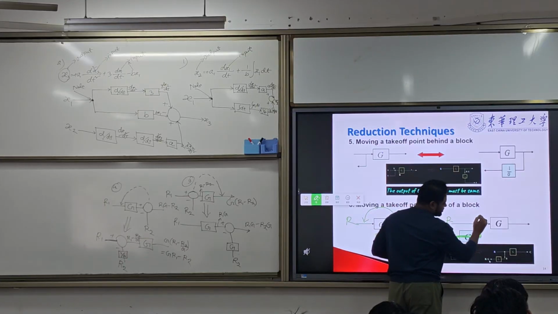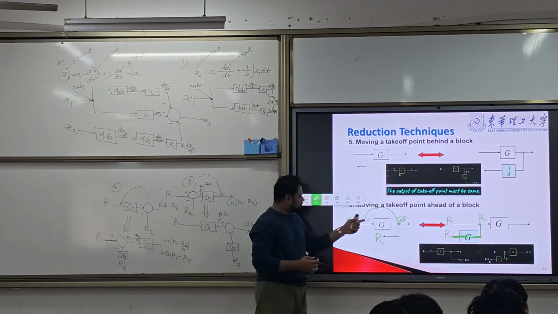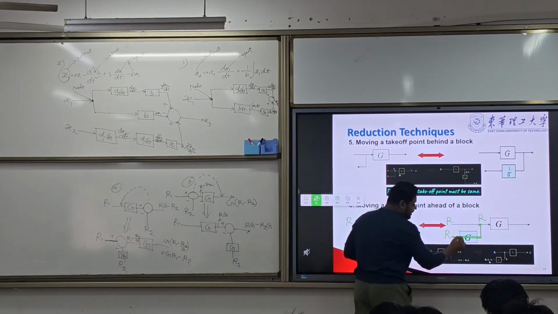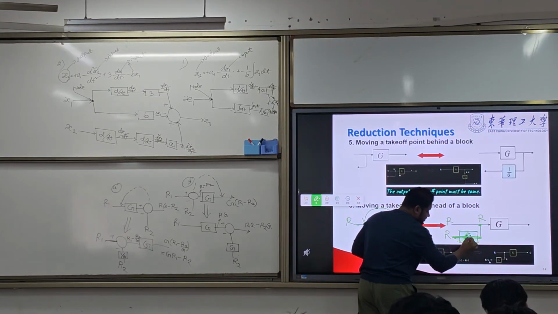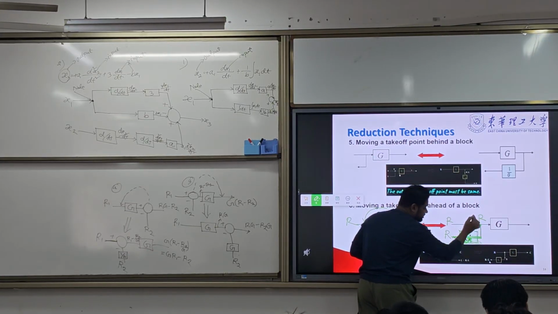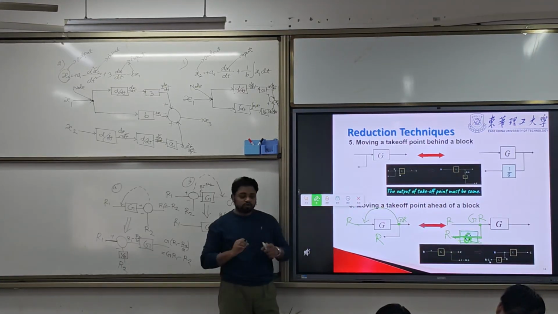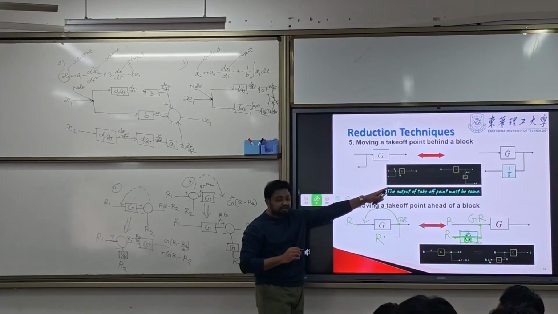Here, the output is R. But the output should be GR. So what do we need? We need to multiply the gain with the G. It gives you a value of GR. That's why we are multiplying with G. Here we are dividing with G.